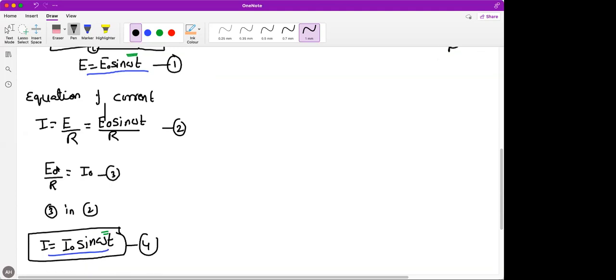You have the equation of current and you also have the peak value of current.